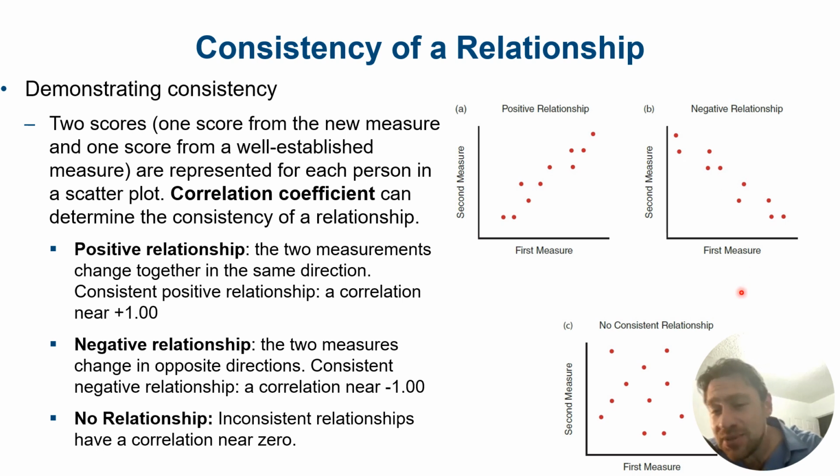And sometimes there's no relationship at all. So if you have a correlation coefficient close to 0, that would be no consistent relationship. And so again, there is a relationship between two measures or two variables if knowing the value on one of these dimensions, on one variable, allows you to predict the value on the other dimension or the other variable.